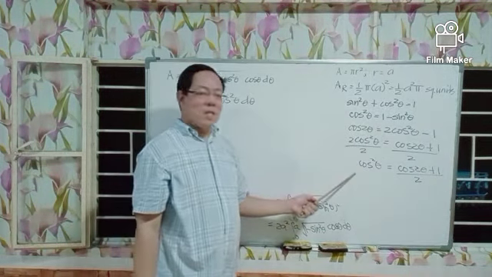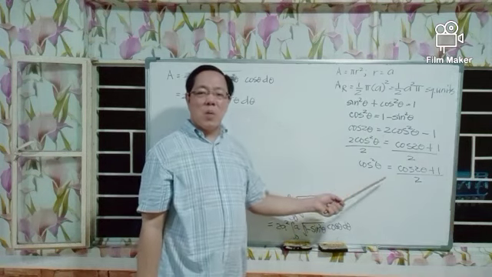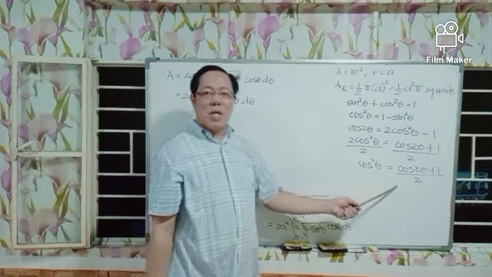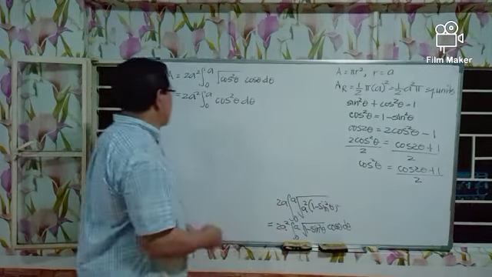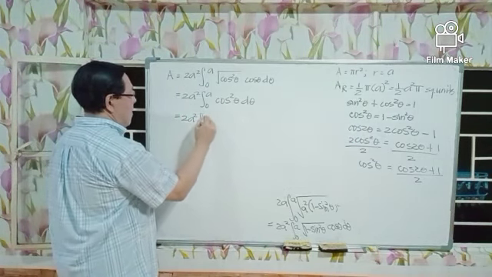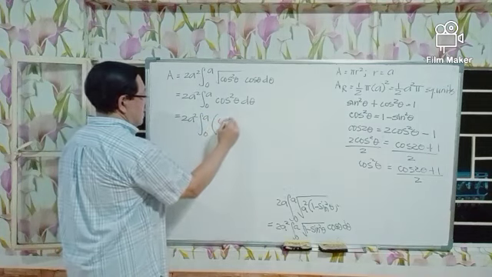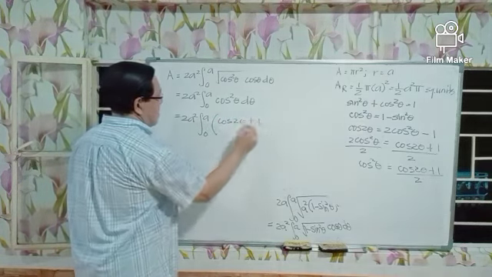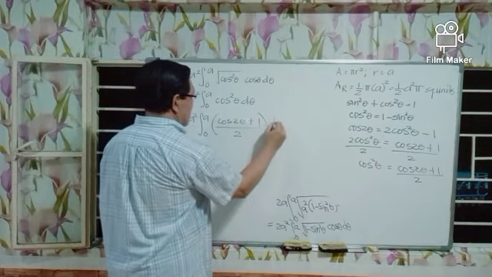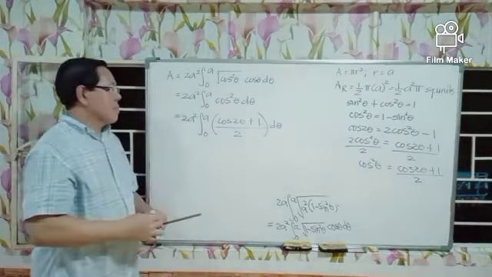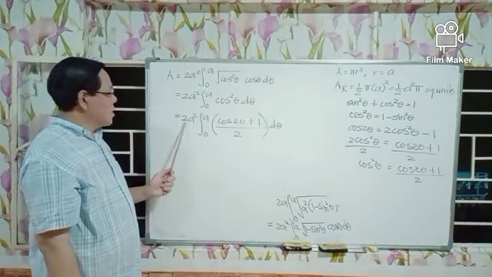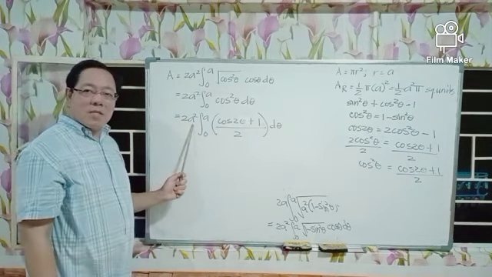Hence, cosine squared theta is equal to cosine 2 theta plus 1 all over 2. We now replace cosine squared theta with cosine 2 theta plus 1 all over 2. But 2 here is a constant, so 2 and 2 in the numerator will cancel out and you get a squared.